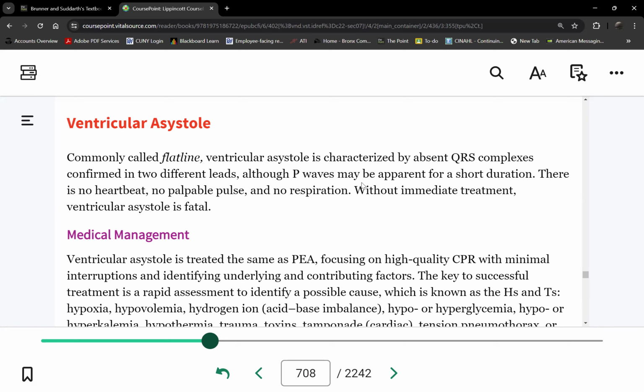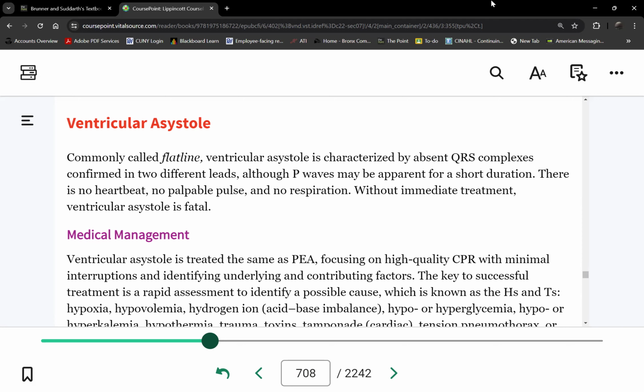The first rhythm that usually comes back, granting that you did good chest compressions, not just playing around, is VFib or VTAC. Now you can shock.